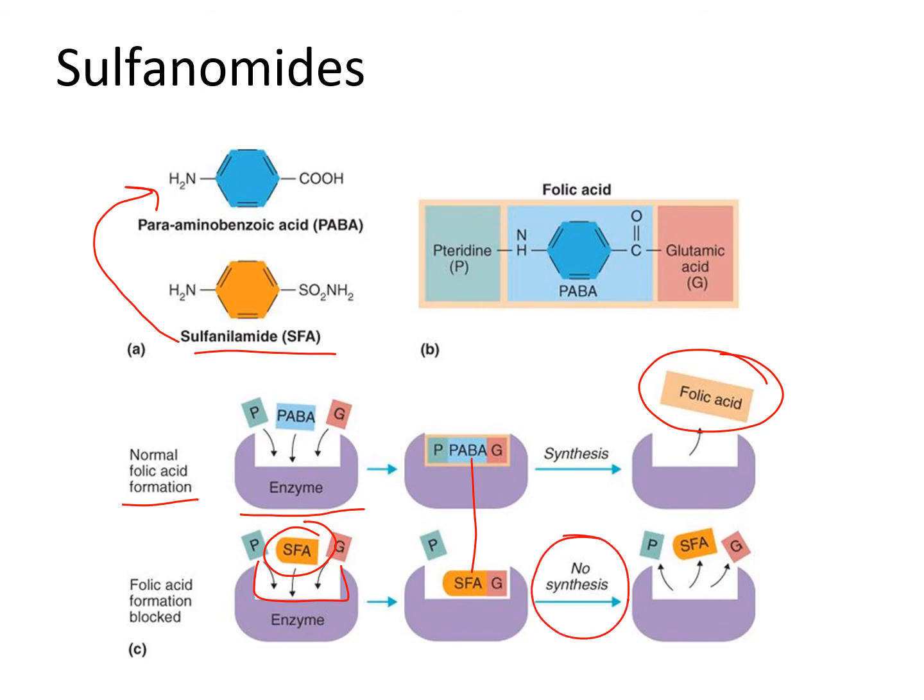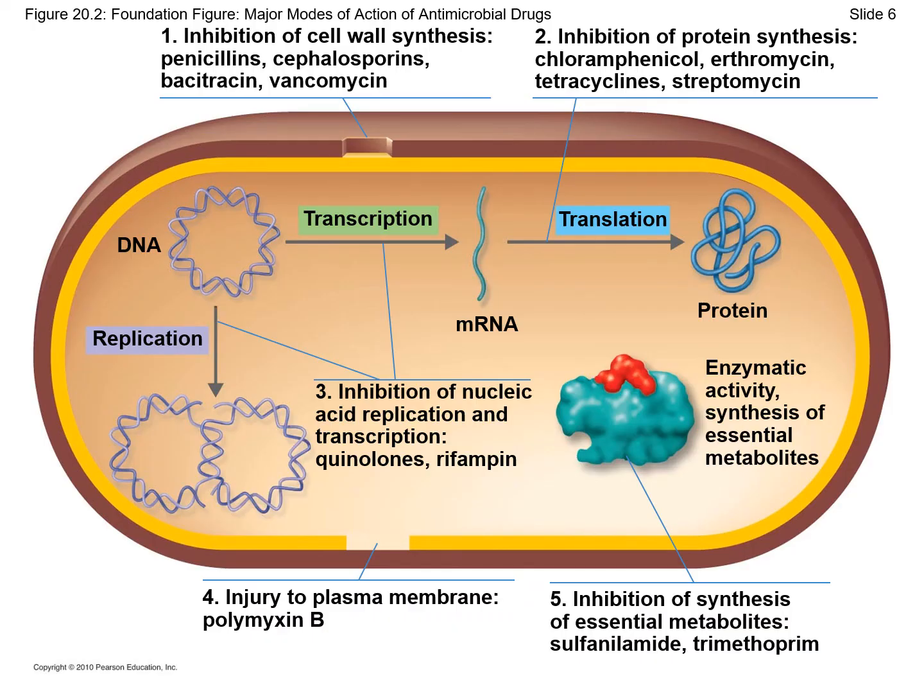And folic acid is an important metabolite that is required by the bacteria. So if the bacteria are unable to form folic acid, then they will die. So sulfonamides are bactericidal.